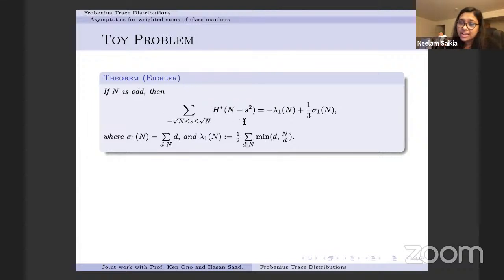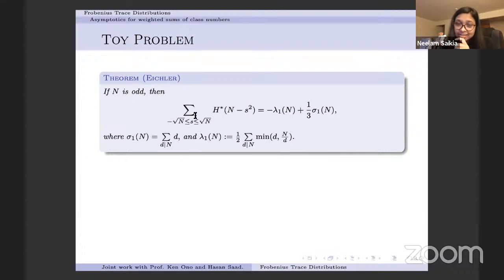If we consider this class number sum, we obtain that it can be expressed as this kind of divisor sums, where sigma 1 of n is the divisor sum and gamma 1 of n is defined as something that counts the minimal divisors of n which are less than n by 2. So this sum of class numbers is expressed in these two sums.